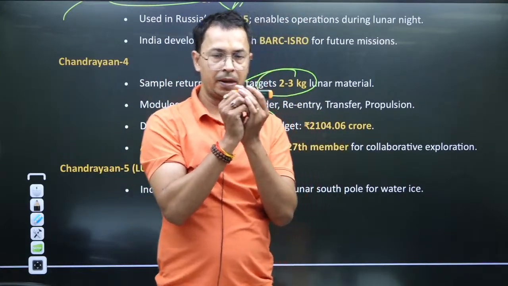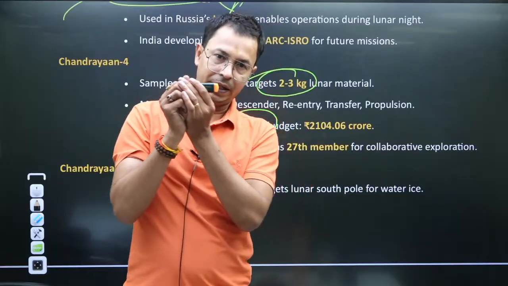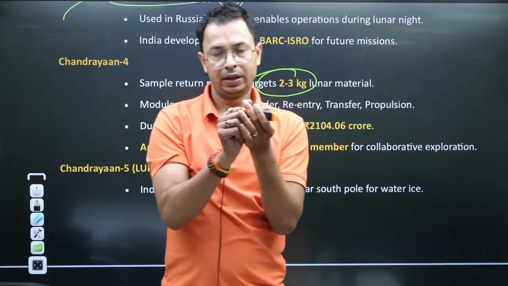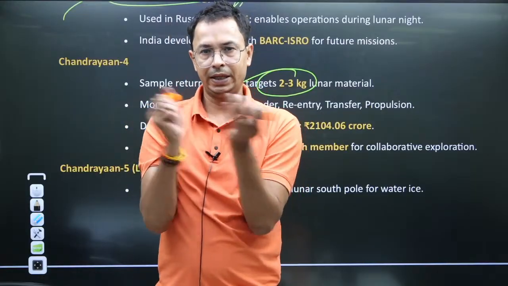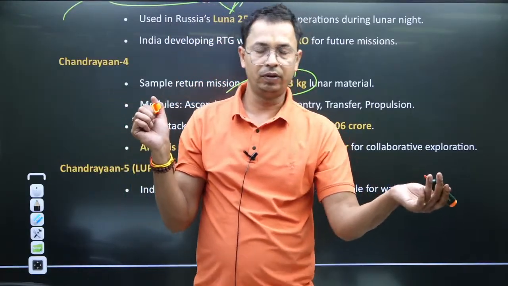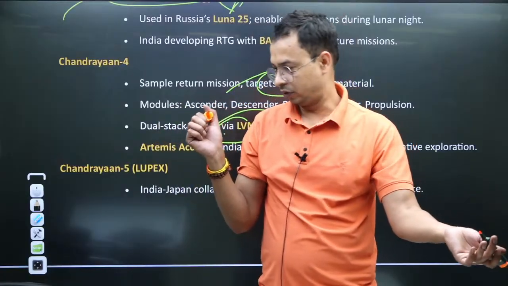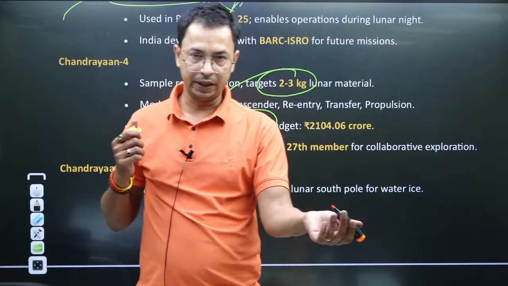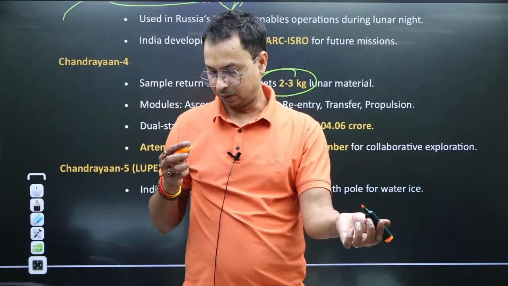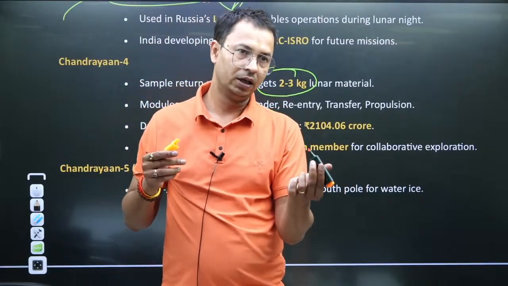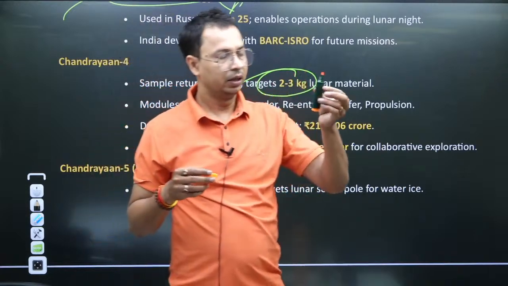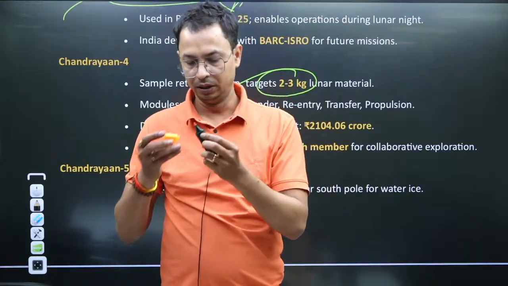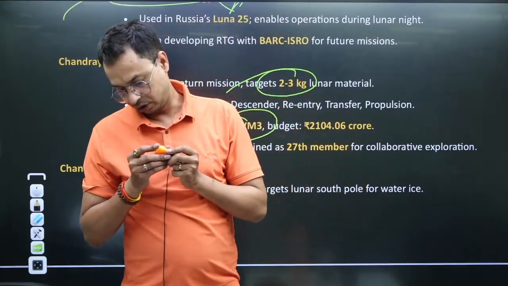When it is about to re-enter the Earth's atmosphere, the transfer module will be ejected, and only the re-entry module will enter the Earth's atmosphere, because it will be equipped with anti-radiation and anti-heating capability, so that atmospheric friction does not burn it down. With the re-entry module, we will collect approximately 2 kg of sample. This was Chandrayaan 4.